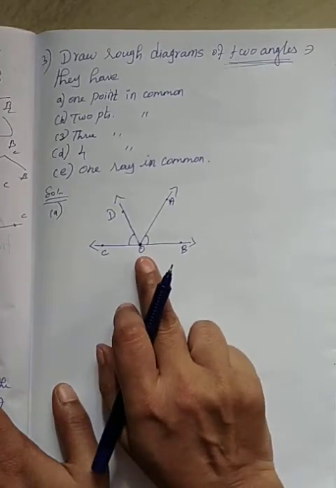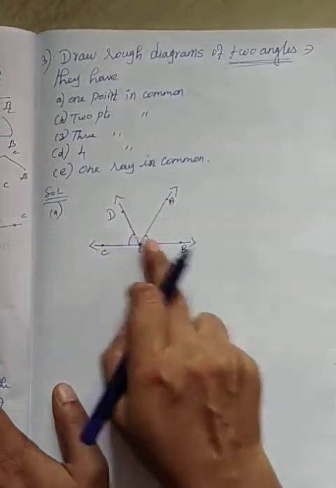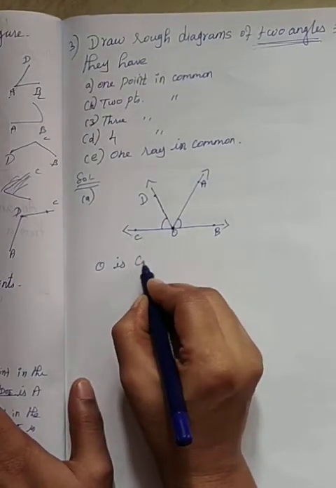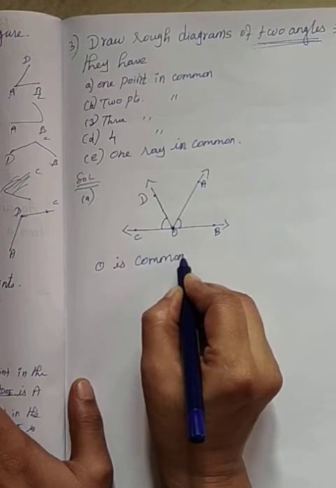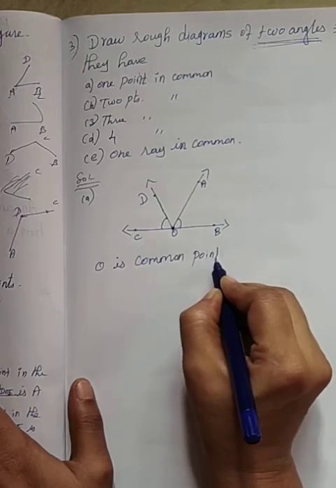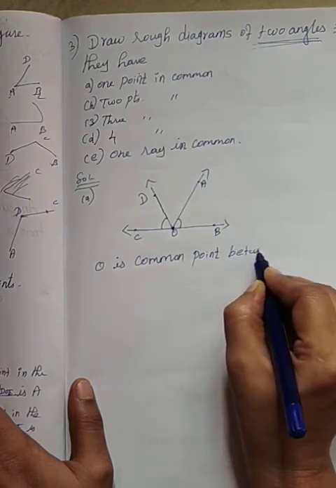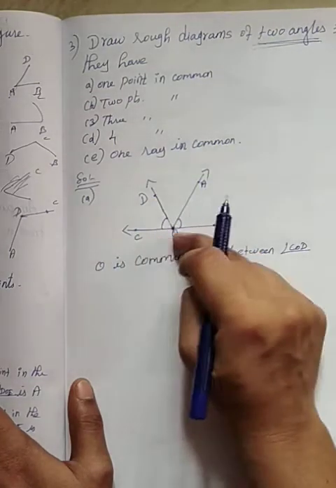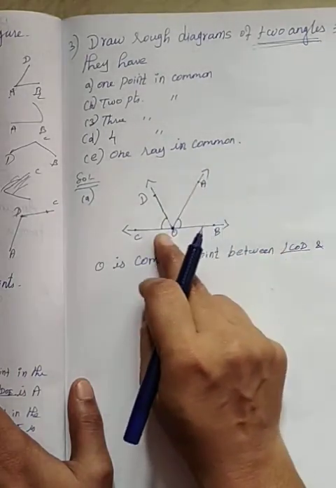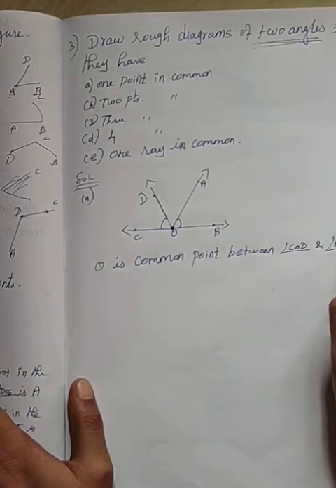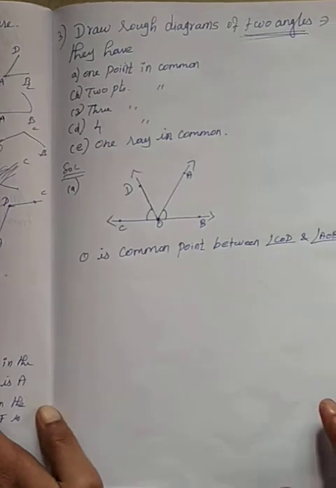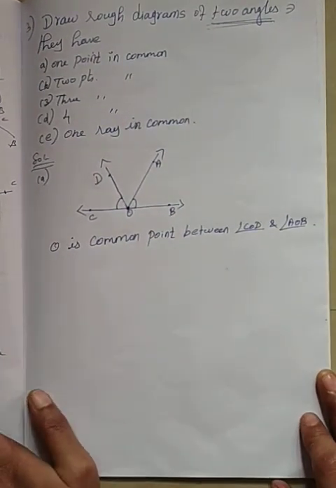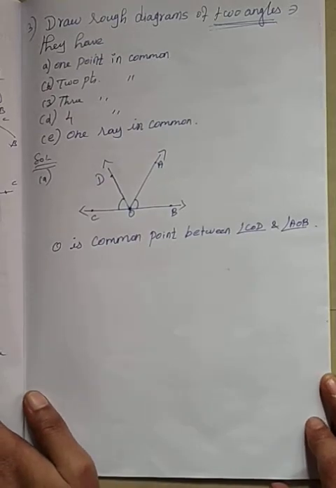So O is the common point between these two angles. Clear? So we have to write O is common point between the angle COD and the angle AOB. Clear? This is the example of 1 point, 2 angles concept.